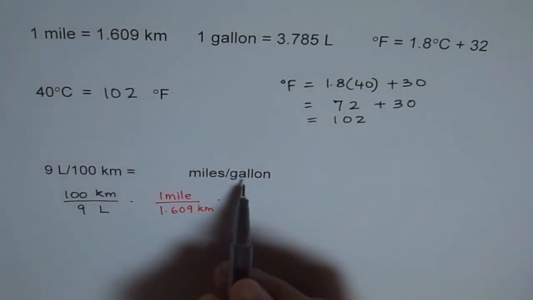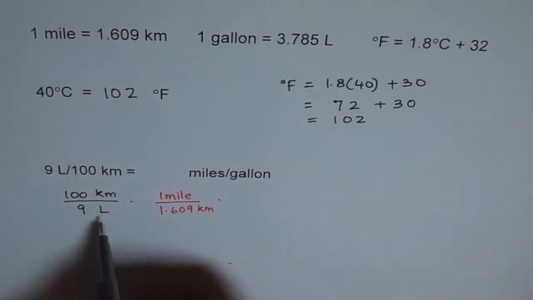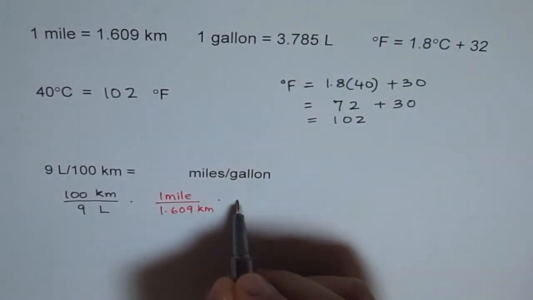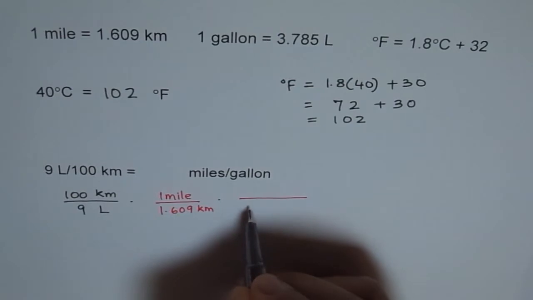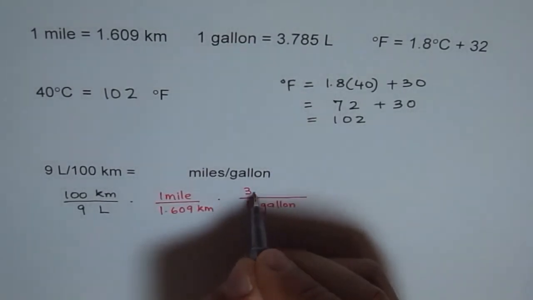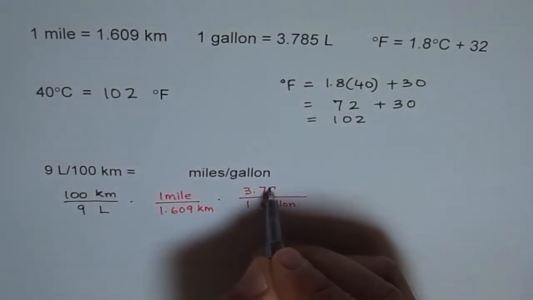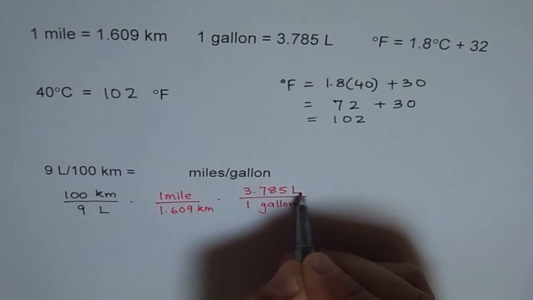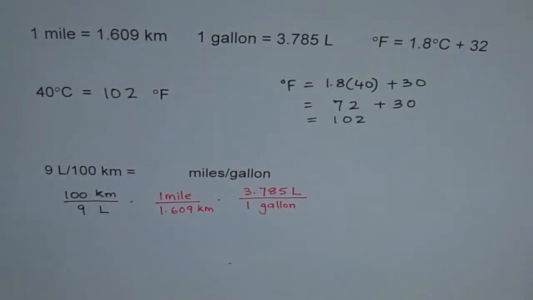Now we need gallons in the denominator, not liters. So we have a relation here which says 1 gallon is equal to 3.785 liters. Do you see that? So we can write like this.